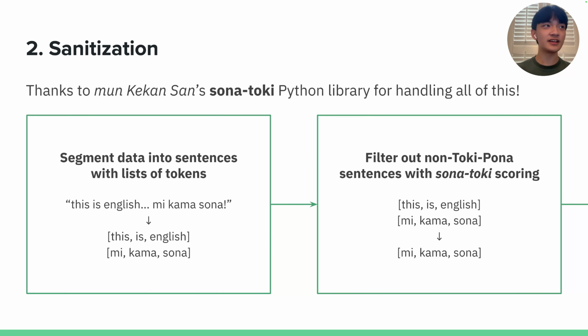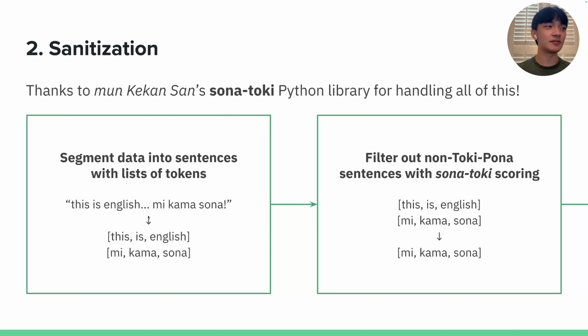The first thing that we have to do is sanitization. This is basically taking the raw text data and turning it into some data that I can actually look at and parse and digest more easily. So let's say I send a message somewhere. This is English, mi kama sona, right? Munkekan-san's Sona Toki Python library is really nice, and I used that for this stage of the process.